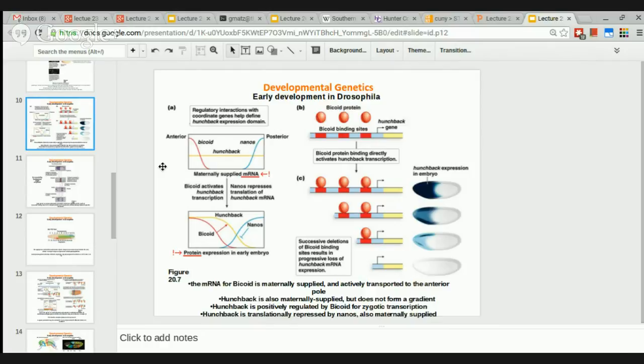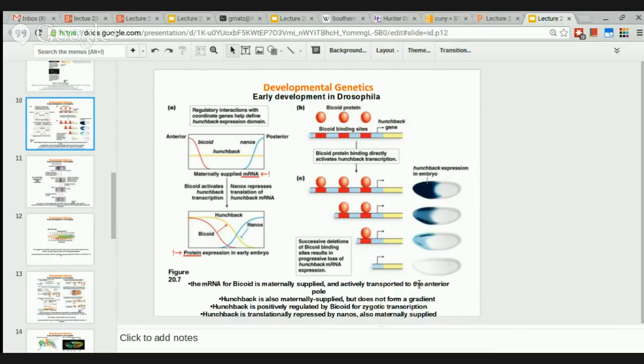But as you know, what scientists do is mimic the position effect here. We can reduce the number of binding sites for bicoid. And if you reduce it from 3 to 1, you see the amount is lower and lower, and Hunchback is not produced as far to the posterior pole.